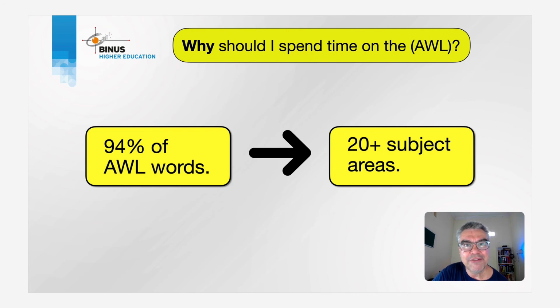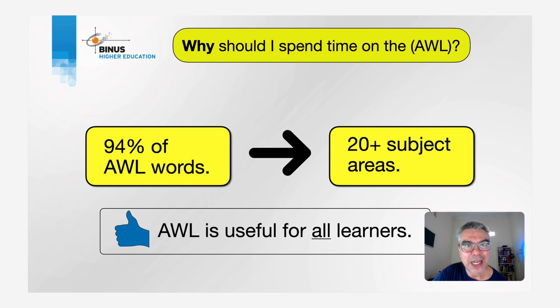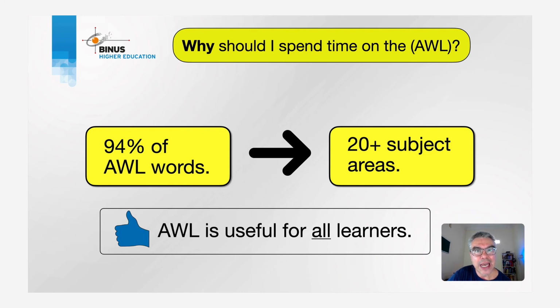It means that if you know the words in the AWL, you will be able to write about a wide range of subjects, and certainly you can be guaranteed that the words you learn can be used, and they are words that you need to use when you are writing academic papers, assignments, and so on. If you are a student or if you are a lecturer, mastery of the academic word list will help you to express yourself clearly in academic English.